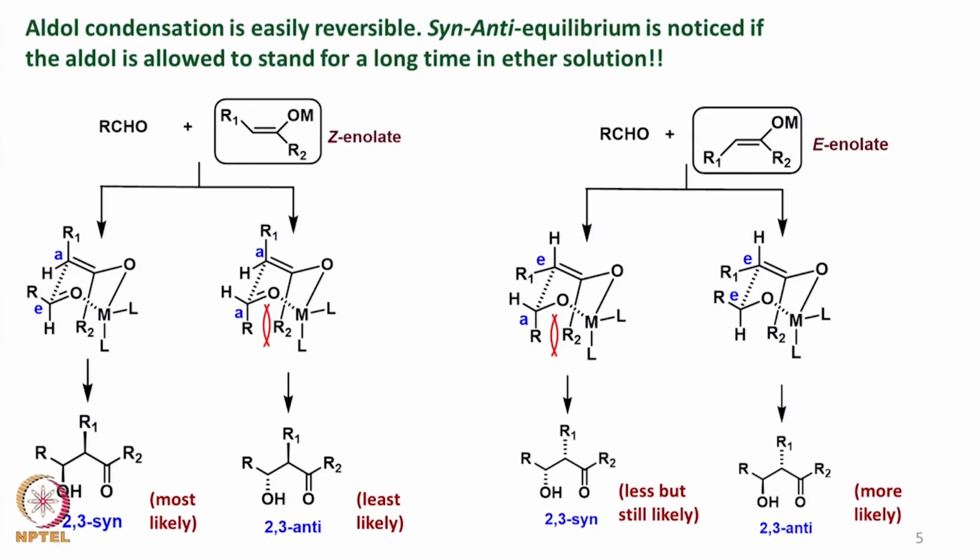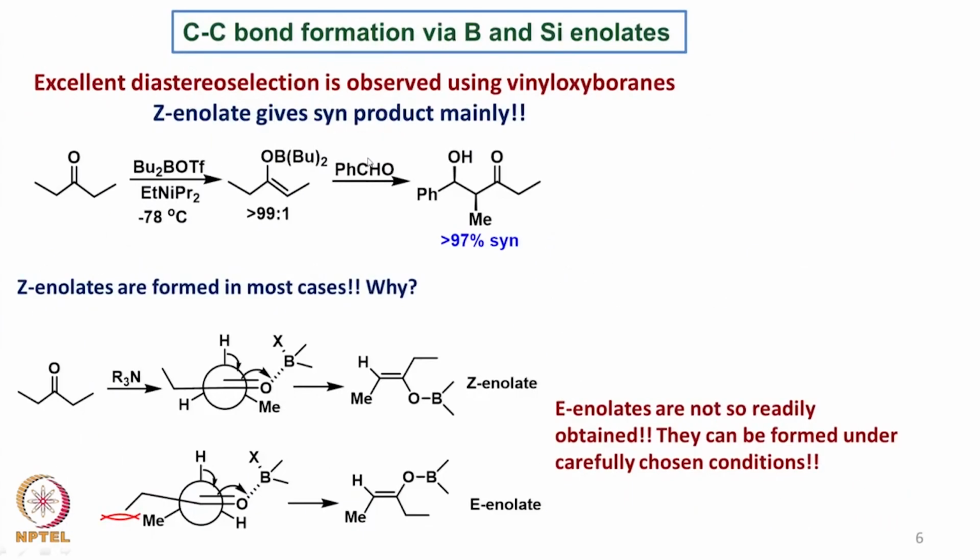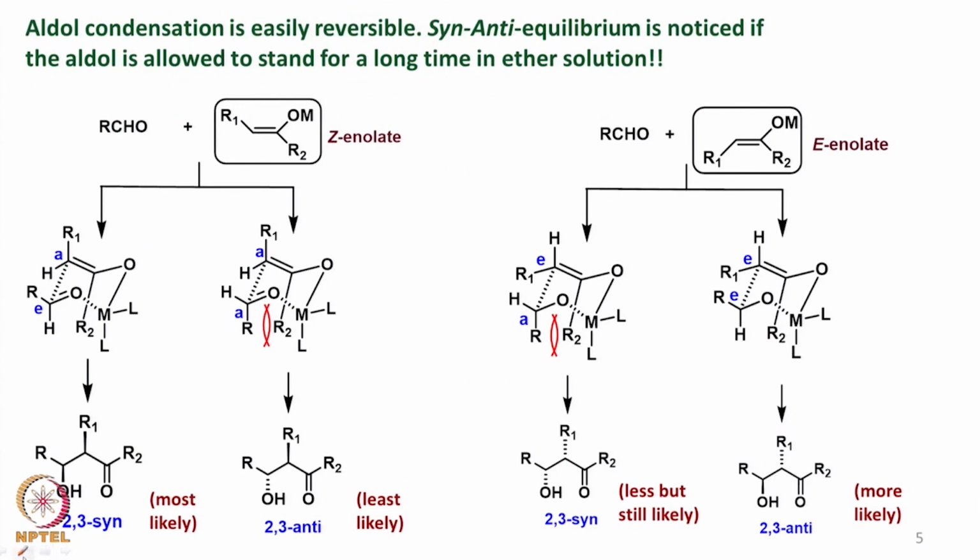Suppose you allow this aldehyde to react with the Z enolate like this. So, we can make this kind of 6-member transition state where we have this particular enolate path shown in here, for example, and the aldehyde can orient itself in such a way that the R group is in equatorial orientation and the carbonyl group now has a chelation with the metal.